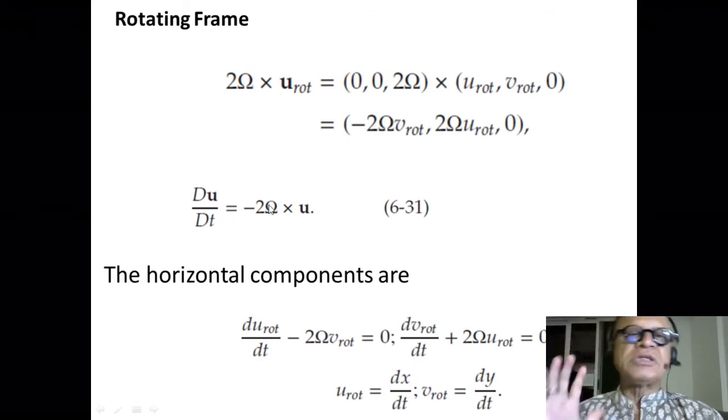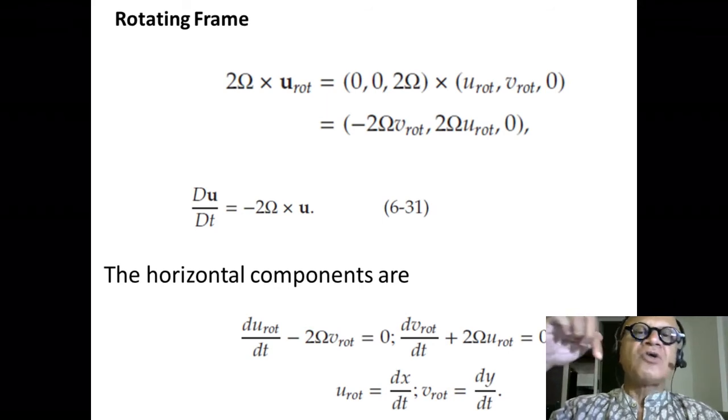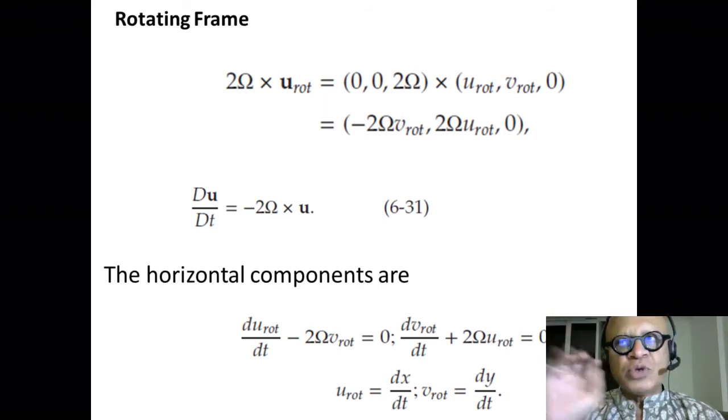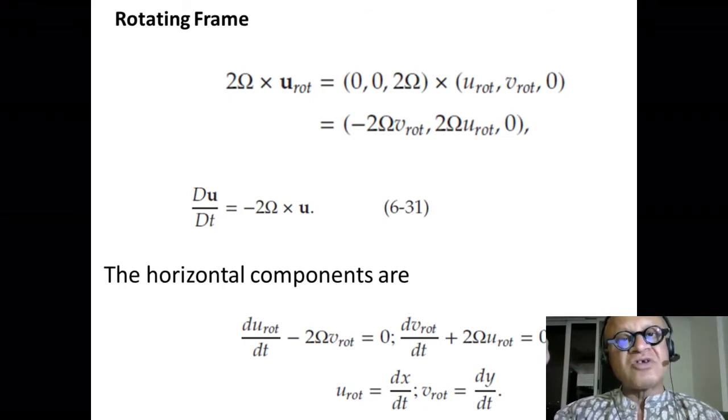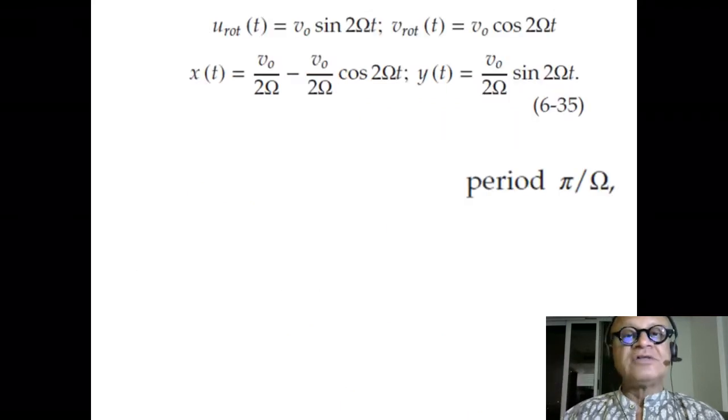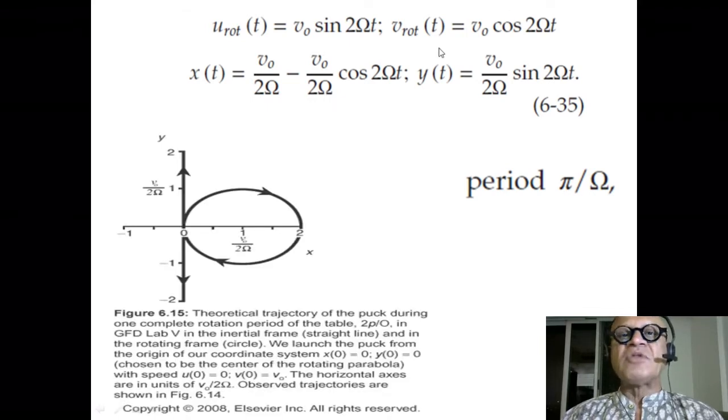Imagine you are in the northern hemisphere, counterclockwise rotation, and you push something and leave it. There is no other force, no friction, and it just feels Coriolis. If it's going this way, it'll feel a rightward push, and it'll keep on feeling the rightward push and end up going in a circle, because Coriolis acts continuously. So this is how you would derive the radius of that circle. Obviously I'm not going through the details, but the equations are right there.